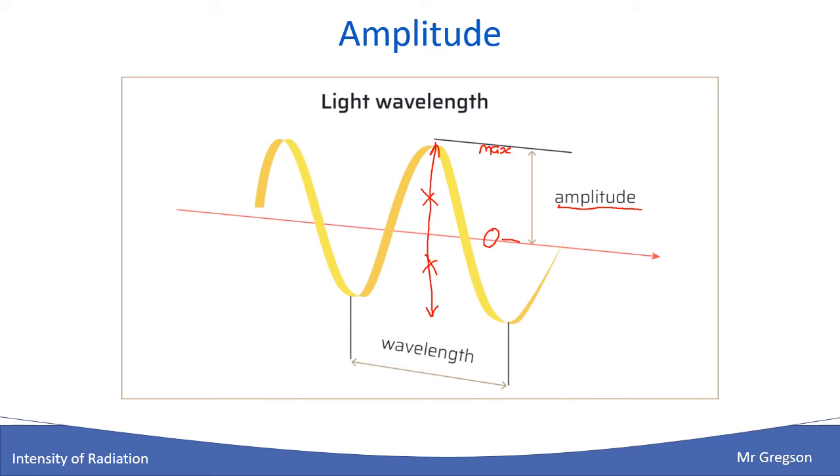Wavelength can be anywhere from here to there. It could be from that point there to that point there. As long as it's a similar point in the same wave at the same phase, that is a recognized wavelength. Obviously, the convention is to use either 0 to 0 or peak to peak or trough to trough. They're just conventions.